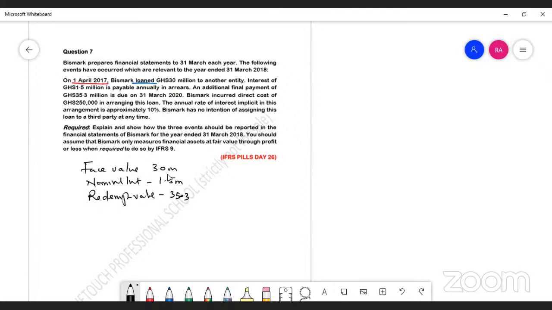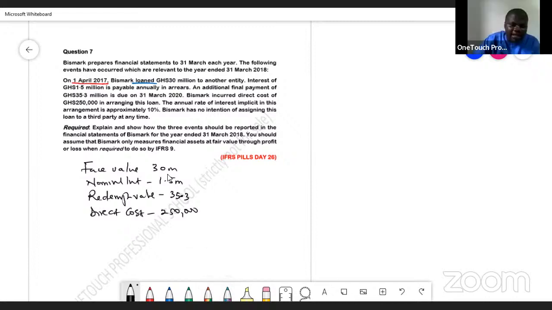Bismarck incurred direct cost of 250,000. So direct cost, that's the transaction cost of 250,000, in arranging this loan. The annual rate of interest implicit in this arrangement is approximately 10%. So the effective interest rate is 10%.